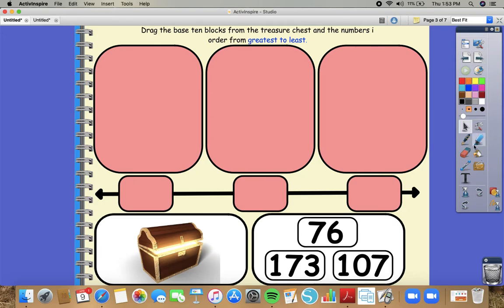All right, so we're going to do the same thing, and we're going to make our place value chart because it's very helpful. And we have our hundreds, our tens, and our ones. So we're just going to make our numbers all the way across. For our first number, we don't have any hundreds, so it's just 75.